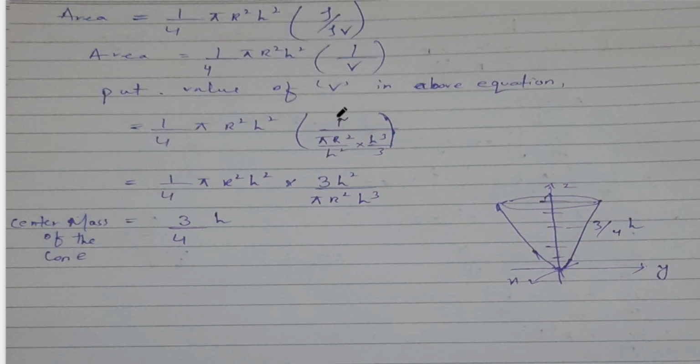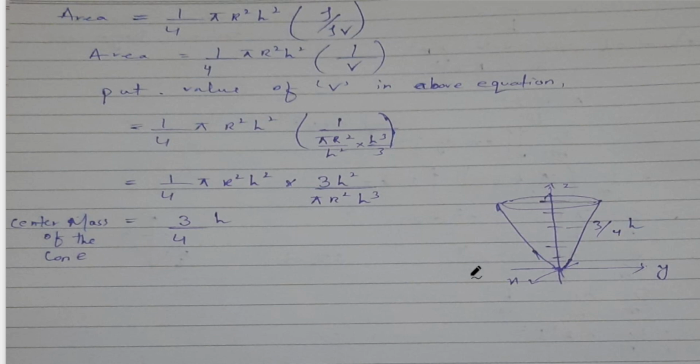After putting the value of volume, which we have proved already, and arranging, the denominator term will move to the numerator, and after cancelling the same terms, we are left with 3 over 4 h.